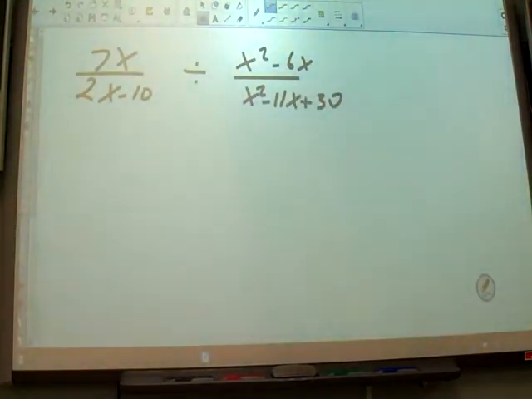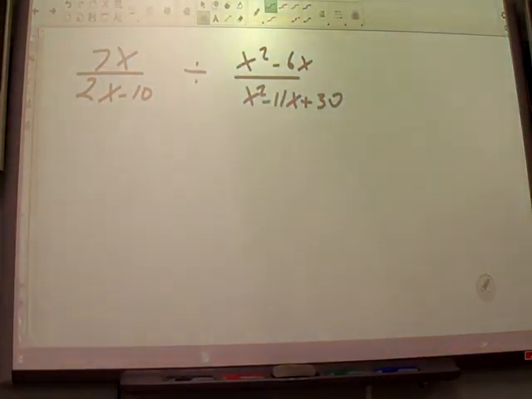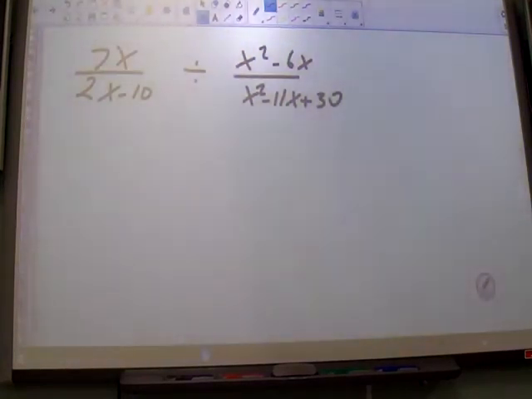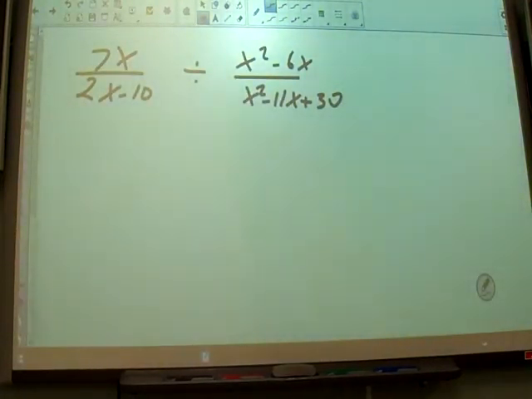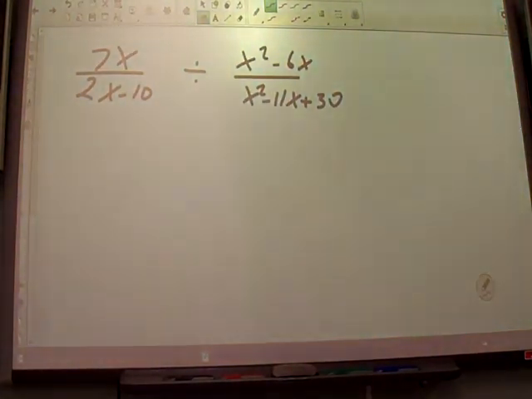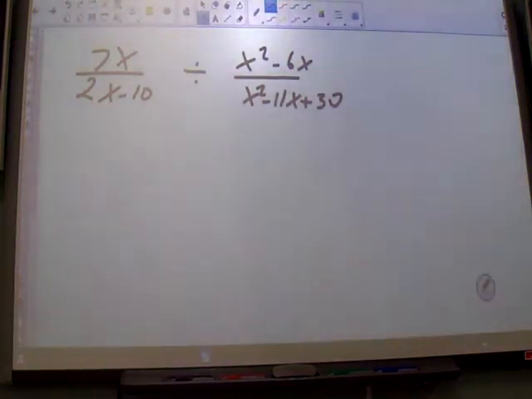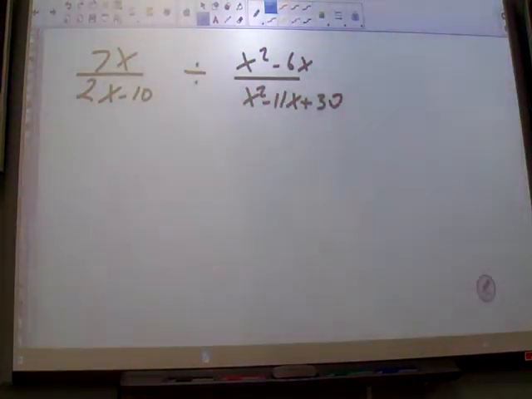Okay, all of them so far have had a multiplication sign between them. This time I put a division sign between them. But I would say to you smarticle people that you already know how to do it. Because what does division with fractions mean?